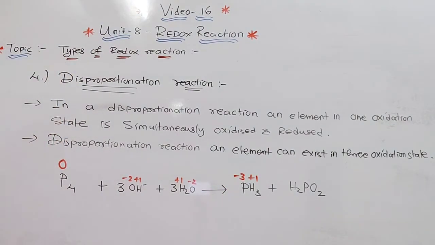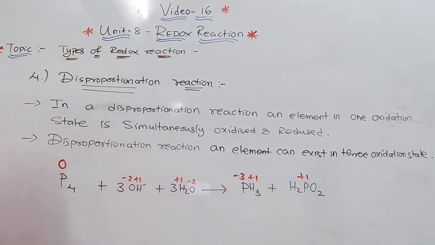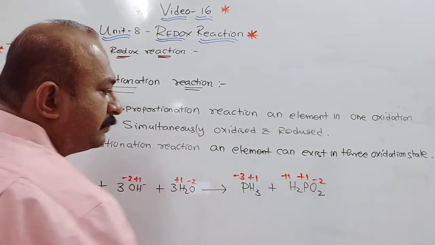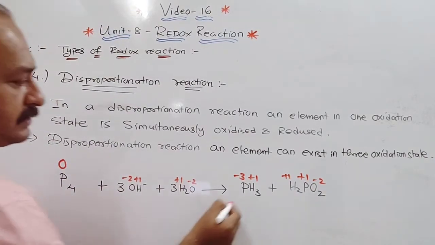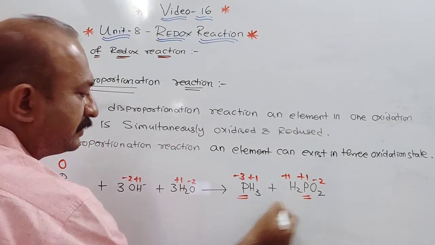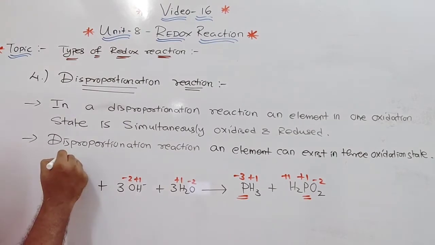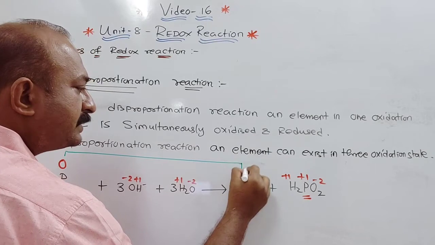And in H2PO2 phosphorus is +1, hydrogen +1 and oxygen -2. So phosphorus is the one which is oxidized and reduced. If I write with another pen you can see from 0 to -3.